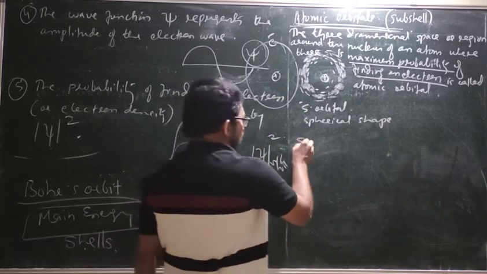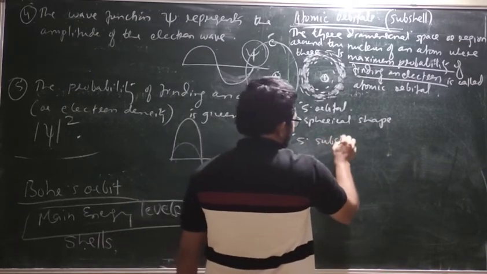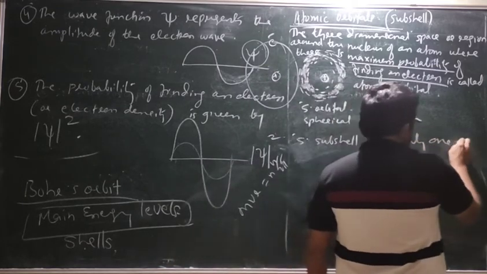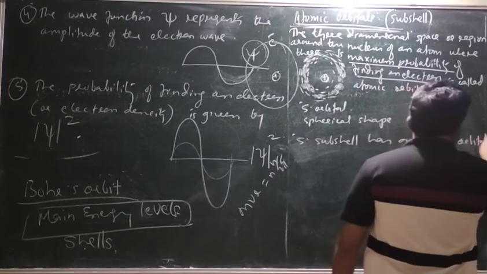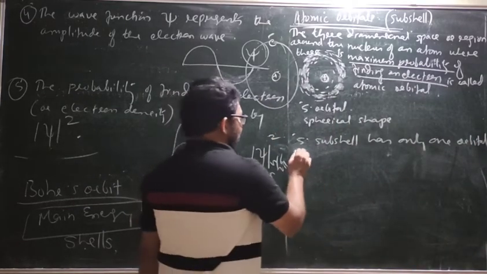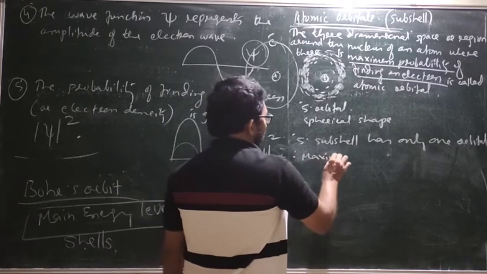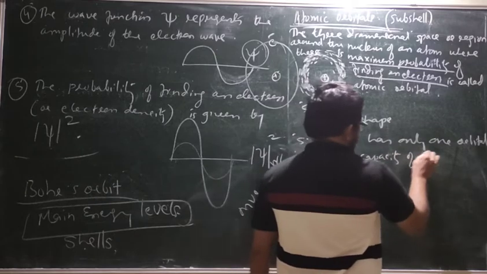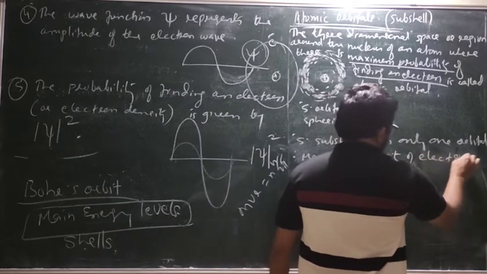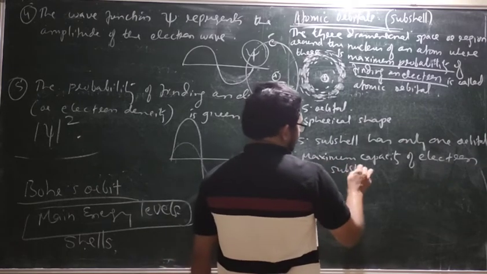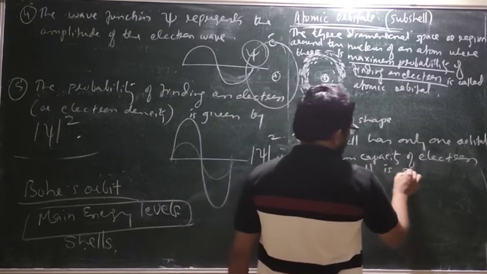S subshell has only one orbital. Therefore, the maximum capacity of electrons in S subshell is 2.